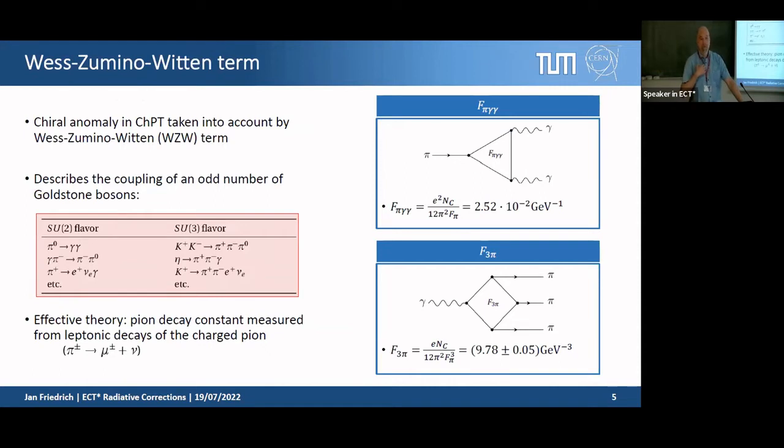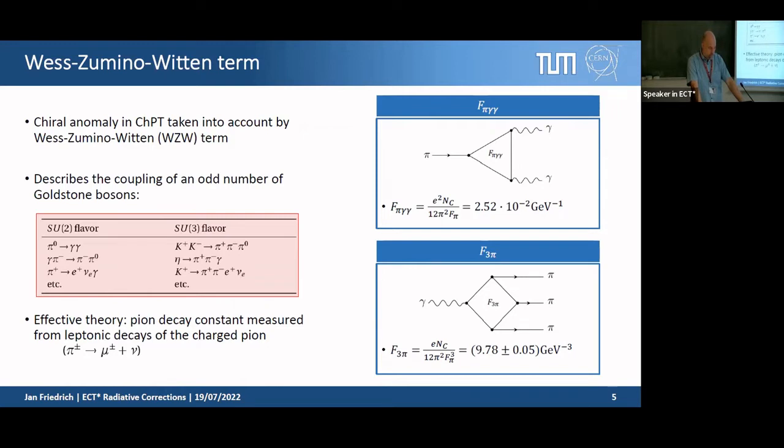Now, how do we implement that in ChiPT? The chiral anomaly is taken into account by Wess-Zumino-Witten terms. You contract your vectors either with the fully antisymmetric Levi-Civita tensor, or, if you have 3 momenta and a photon, by the polarization vector of the photon.